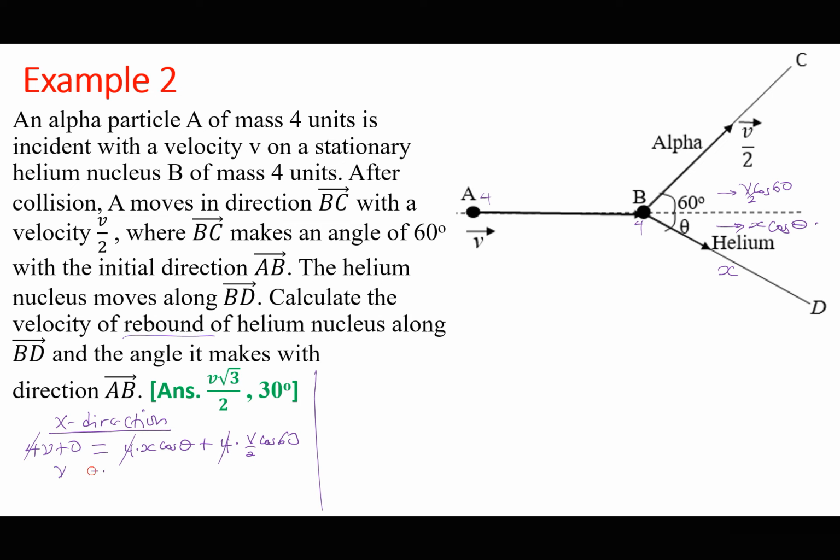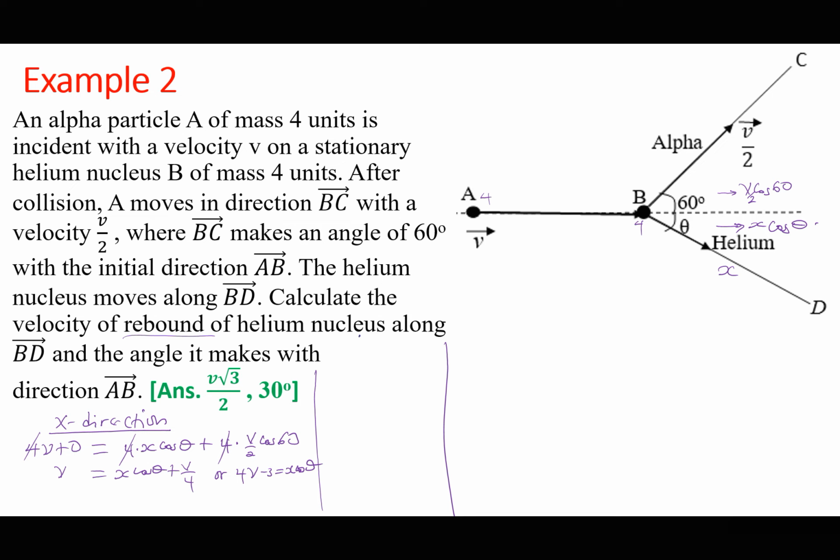So we have that V is equal to x cos of theta, and since cos of 60 is a half, this becomes plus V divided by 4. Alternatively, I can say 4V minus V is equal to x cos of theta, just collecting like terms.